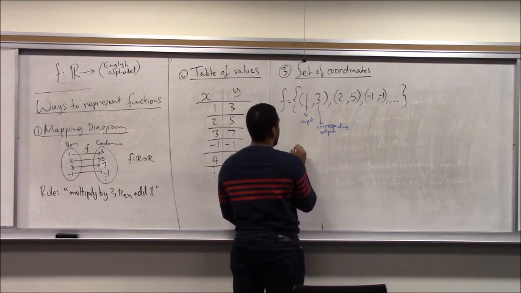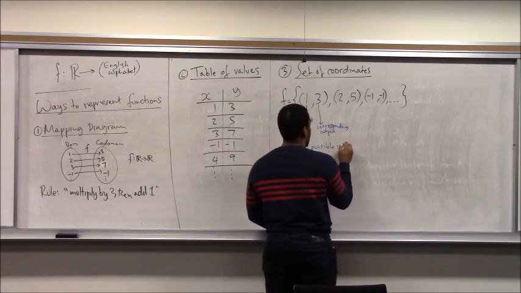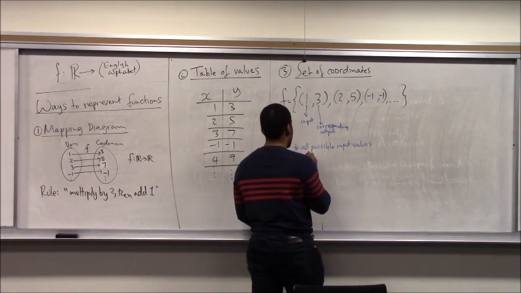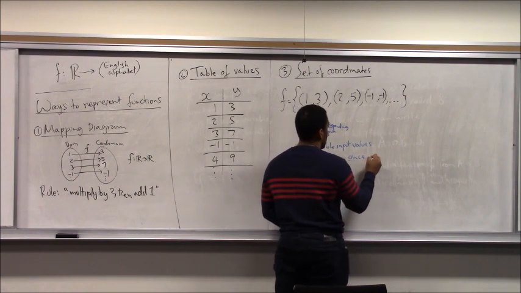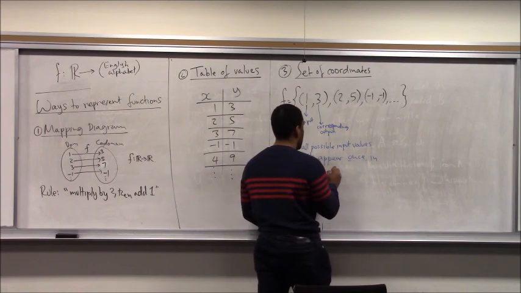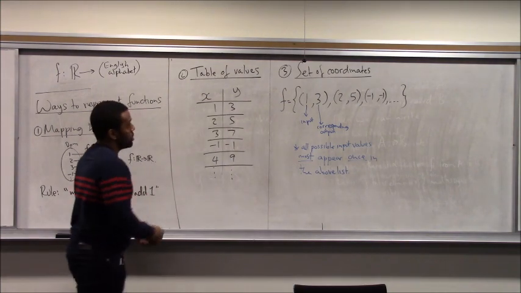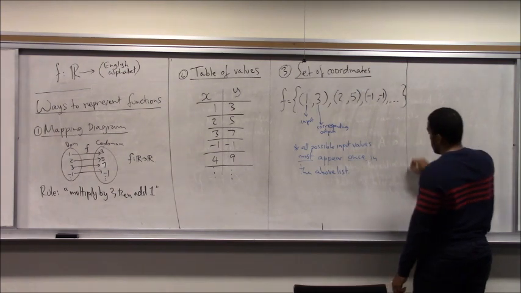You should notice for a function that all possible input values must appear, and they must appear once in the above list. Otherwise, it's not a function. So you can put the input in the first position and the output in the second position.